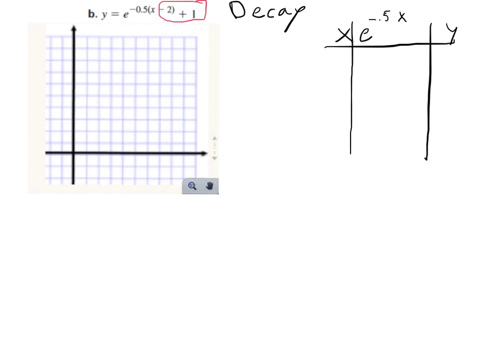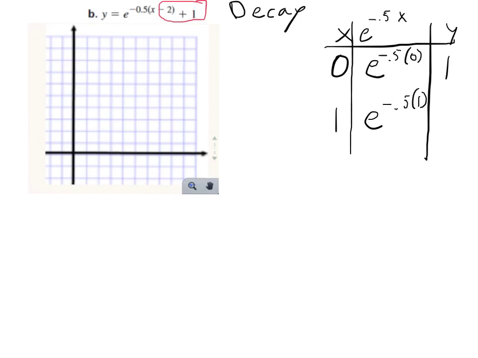graph. So again, at 0, we end up with e to the 0, e to the negative 0.5 times 0, which makes 1. And then at 1, we end up with e to the negative 0.5 times 1. So what I have is second ln negative 0.5.